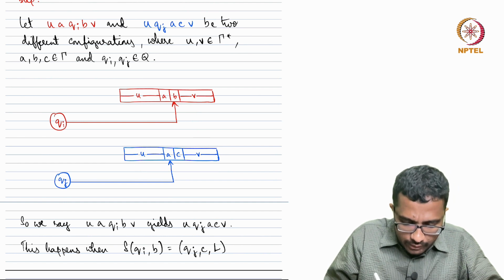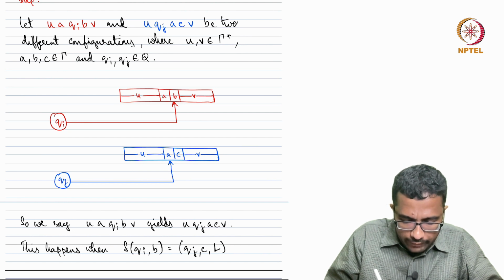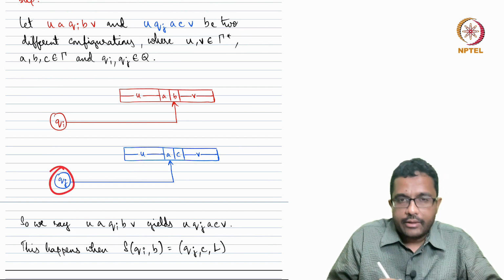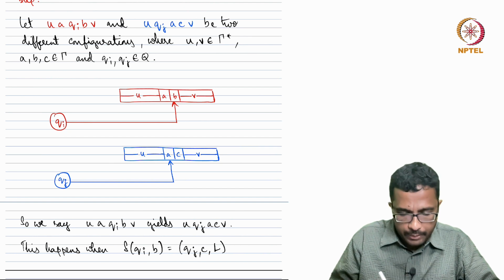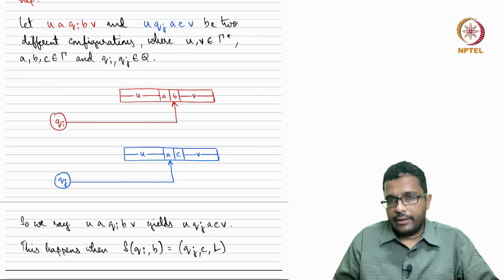So B is overwritten by C, and you move left and the state is Qj instead of Qi, right? So B is changed into C and the tape head has moved one step to the left.